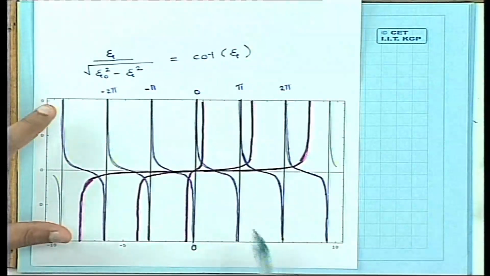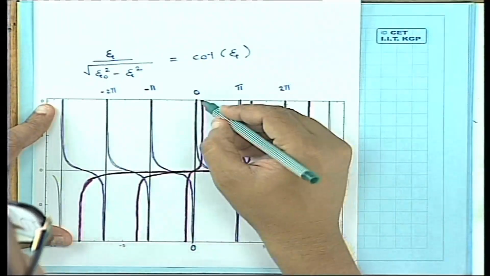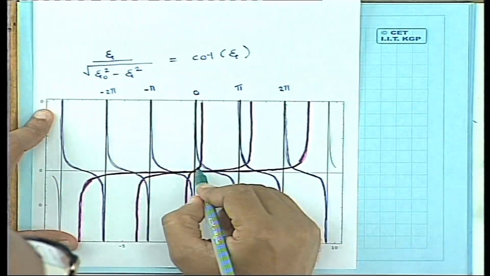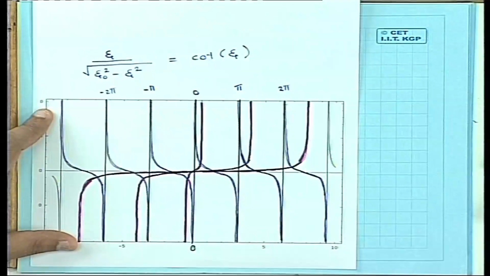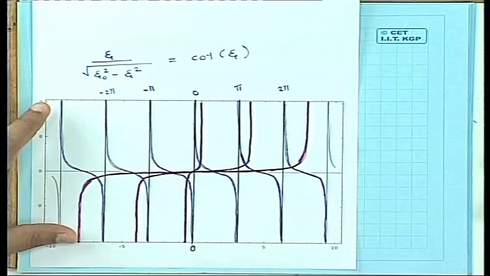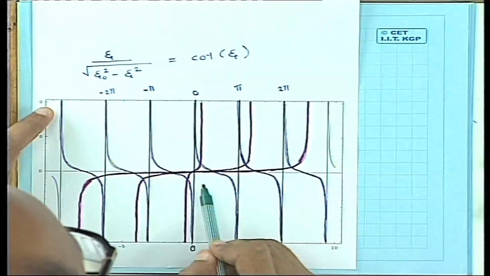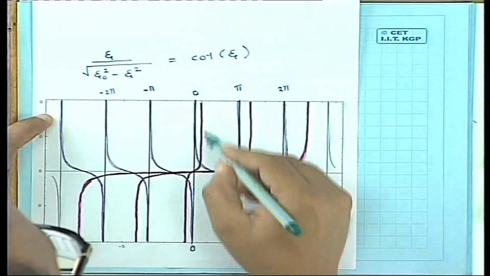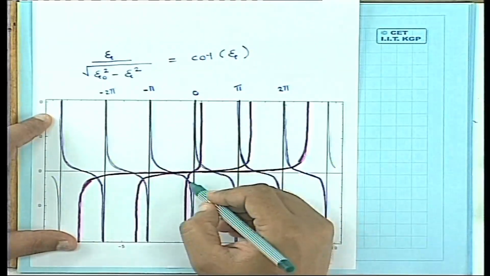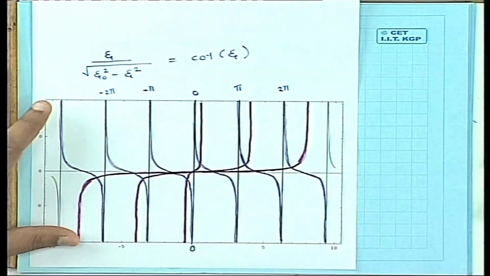So we find that however small you make xi naught, there is going to be one intersection between 0 and pi by 2, one on the positive side, one on the negative side.